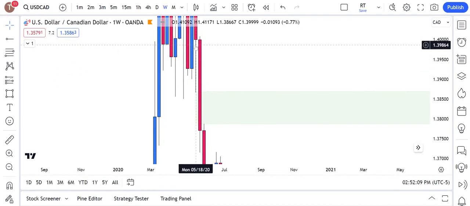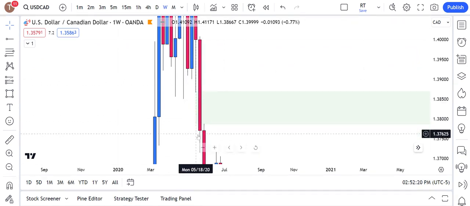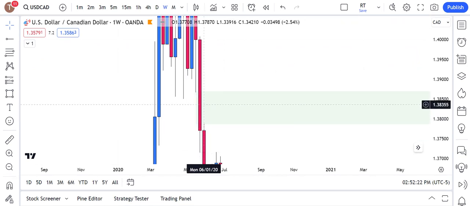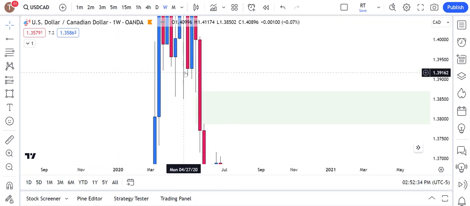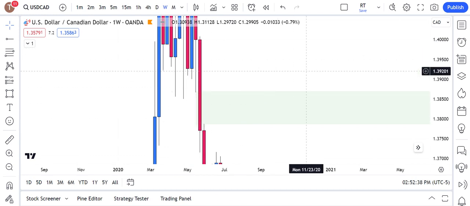Wicks will look different depending on the broker, but for the purposes of what I'm using, Oanda on TradingView, we'll see that price is creating a fair value gap where between this wick right here, this price candle, and then the wick that came before it, there was an inefficiency in price. So price jumped down, quick displacement for that week, and it did not come back and rebalance.